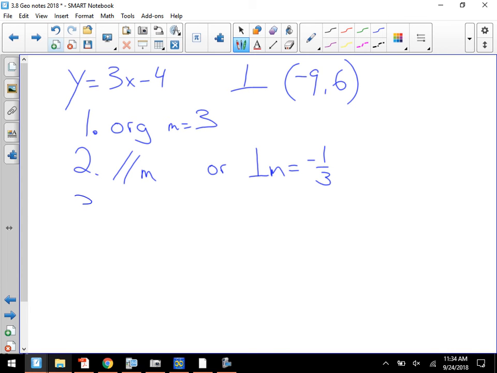And then I go to point slope. Let's see here. Y minus 6, I believe, equals negative 1/3 times x plus 9.